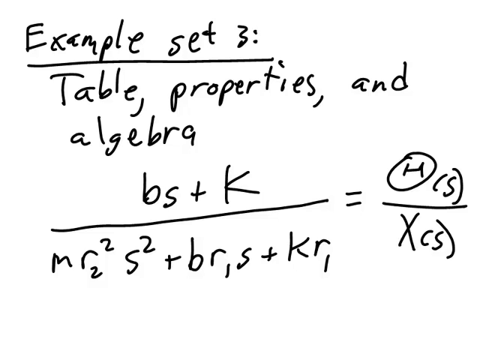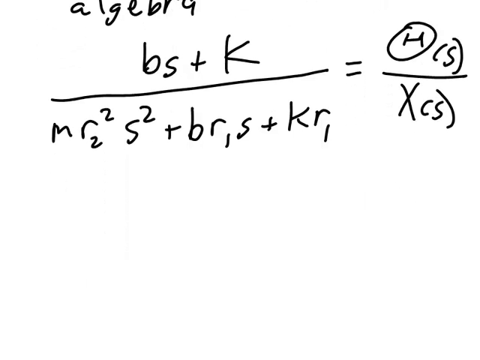The first thing we're going to do is multiply both sides of the equation by the input. Since the input is a step function, the input will be equal to 1 over s.